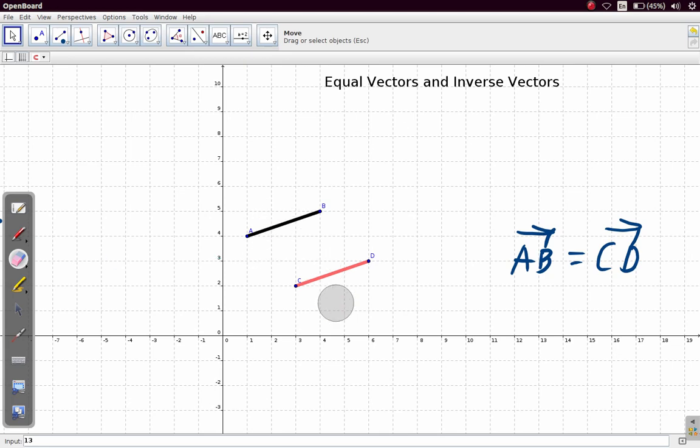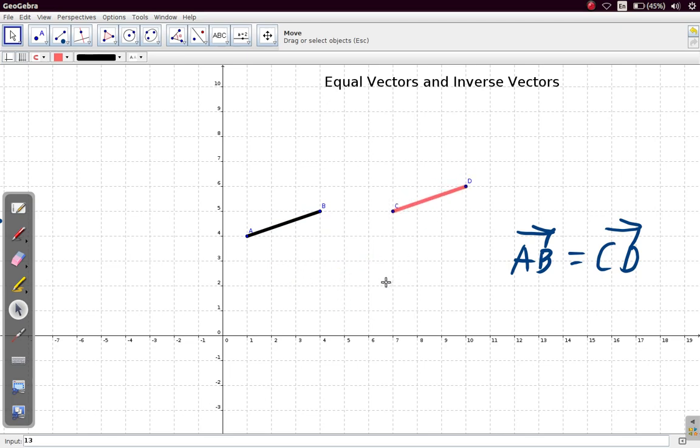Now, let me move CD upwards. If I make them both start at the same point, you see, they cover each other. You can only see one at the top. One on the bottom is hidden. And you see that they are equal. Now let me shift them back. They are equal.